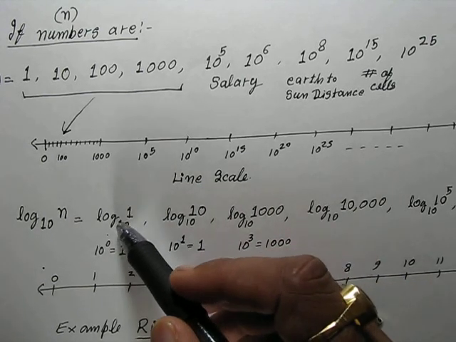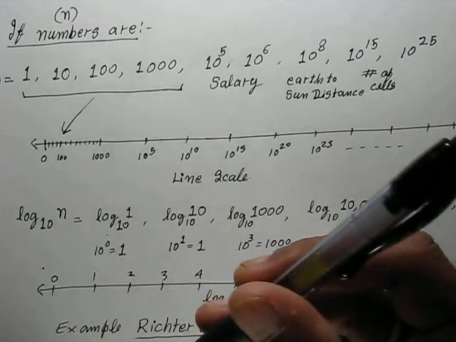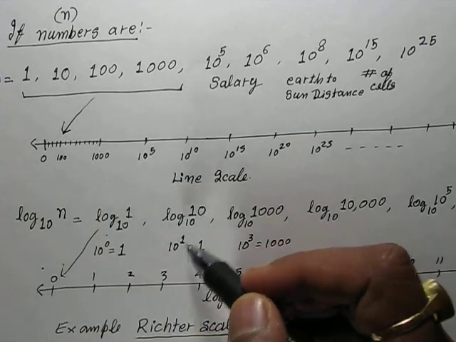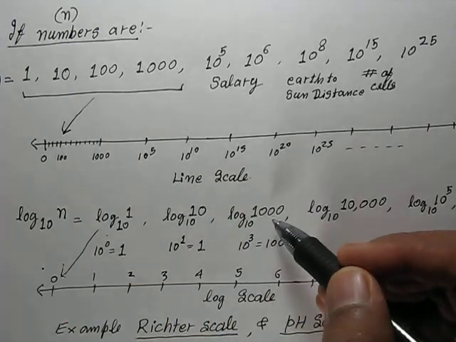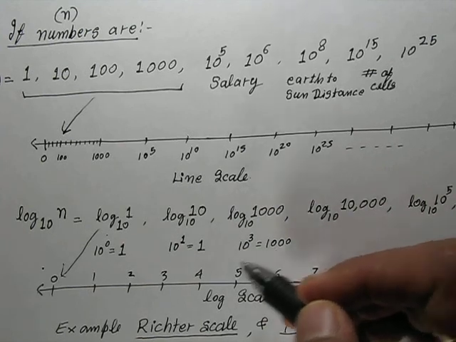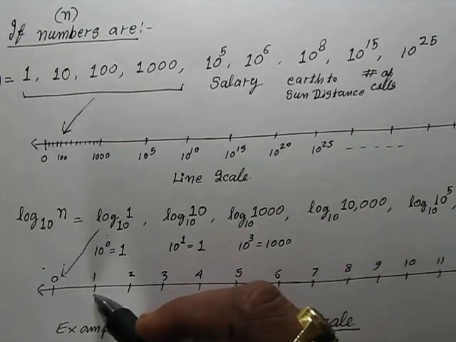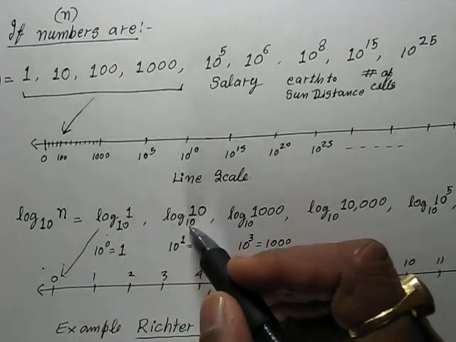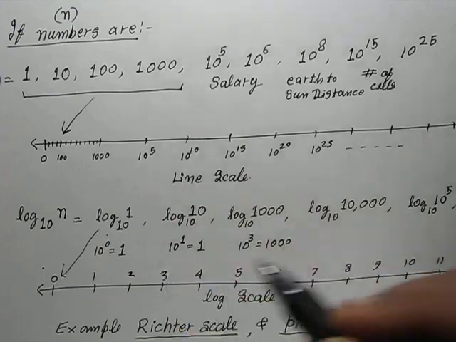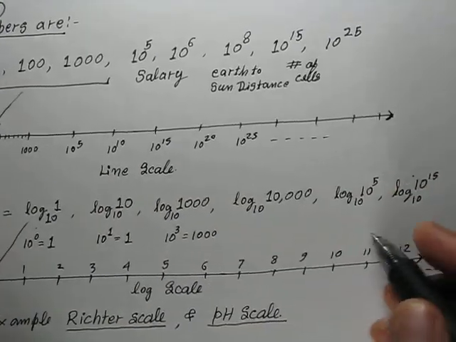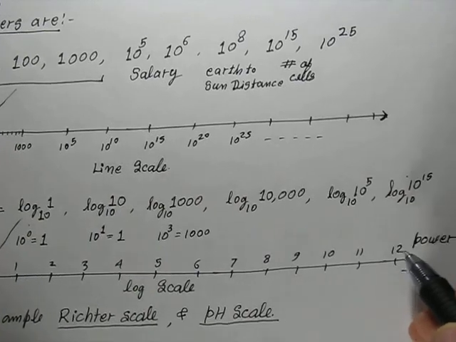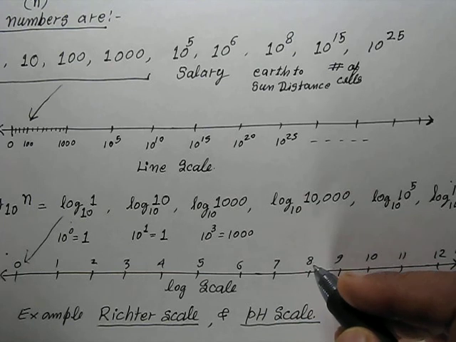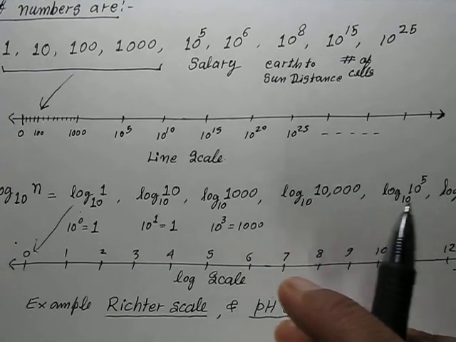So log 1 is always 0. Log 10 is 1, log 1000 will be 3. So basically what we are writing here is the log scale. These are the powers we are writing: 1, 2, 3, 4, 5, 6, 7, 8, 9, 10, 11, 12, meaning 10 raised to these powers. Now the log scale is easy to read.